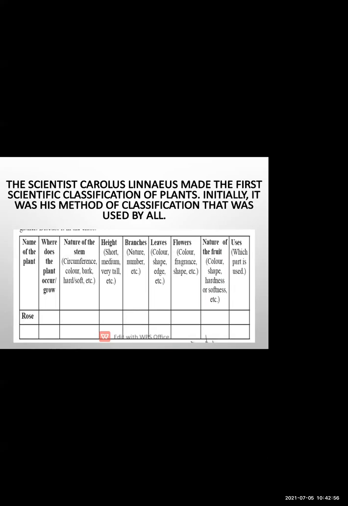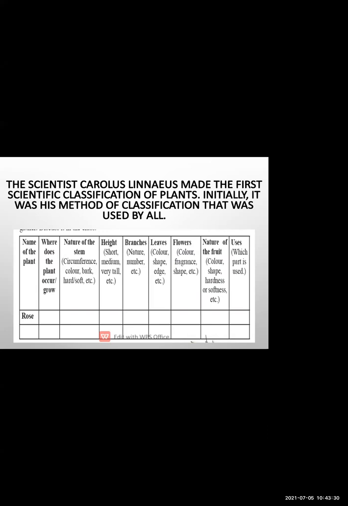Now there was a scientist known as Carl Linnaeus who tried to classify the plants basically on the name of the plant, where the plant grows, the nature of the stem, whether its circumference, color, bark, whether the stem is hard or soft, then height, branches, leaves, flowers, nature of the fruit, and uses of the plant, which part of the plant is useful to us.